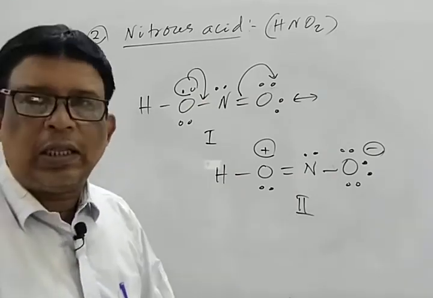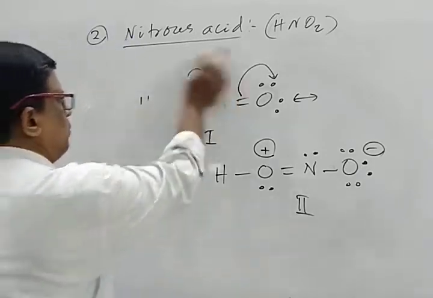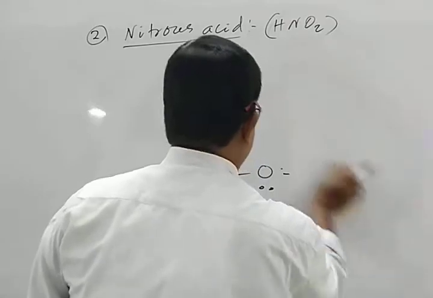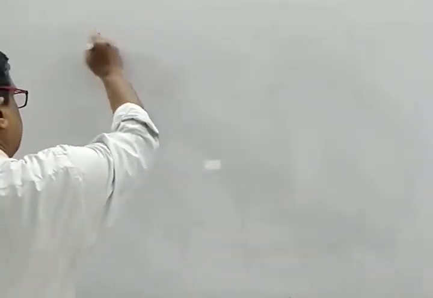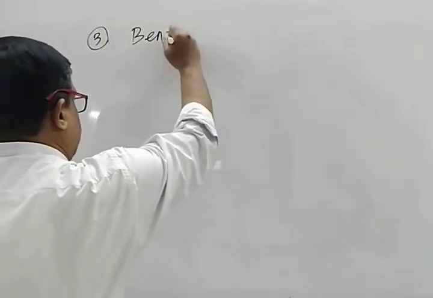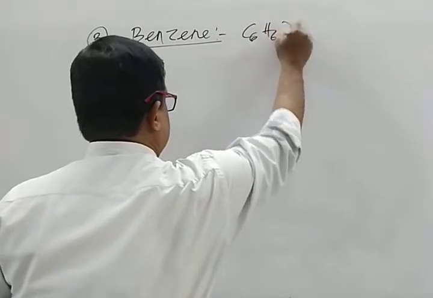Next we switch to another example, that is benzene. I hope all of you know the formula of benzene, that is C6H6. Third one is benzene, C6H6.